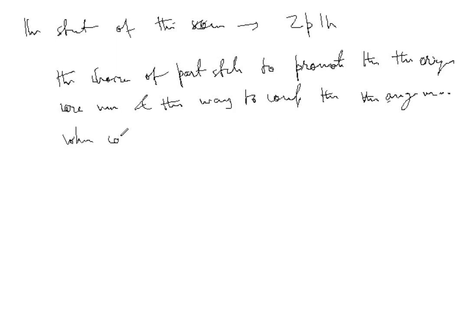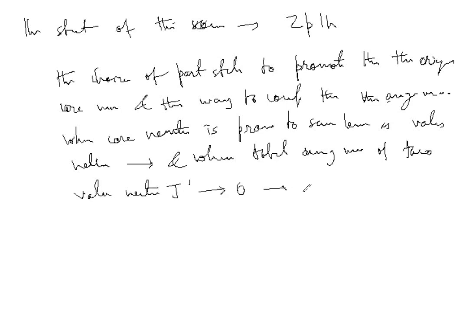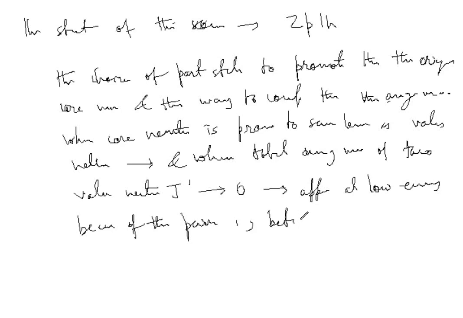the case where the core neutron is promoted to the same level as the valency neutron, and where the total angular momentum of the two valency neutrons, J prime, is coupled to 0, appears at low energy because of the pairing interaction between valency nucleons.